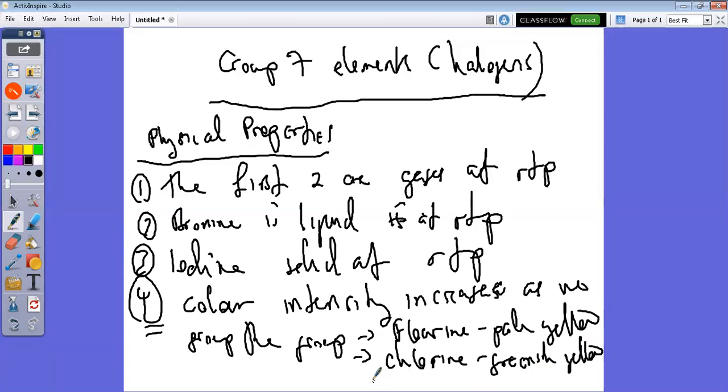Then bromine is a brown liquid. Are we together? Then iodine is a black solid. When it's solid, it's black. But as a gas, it's a purple vapor, but we'll talk about that now.